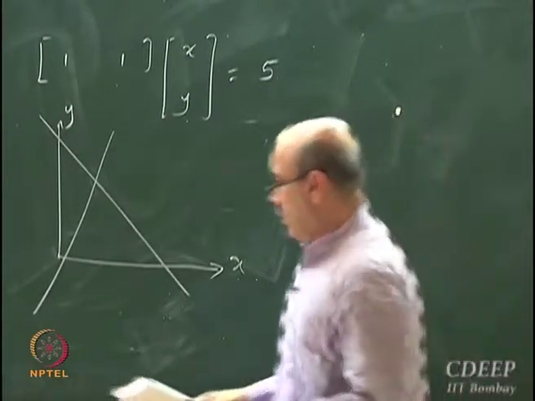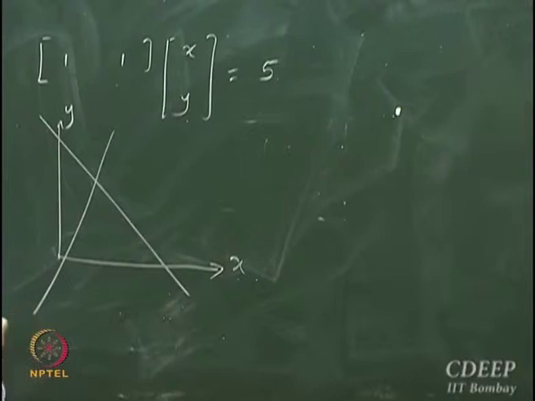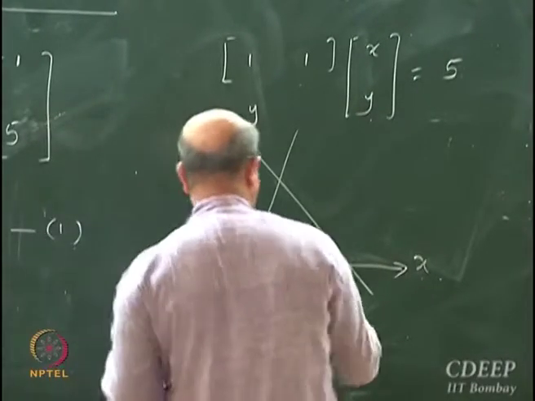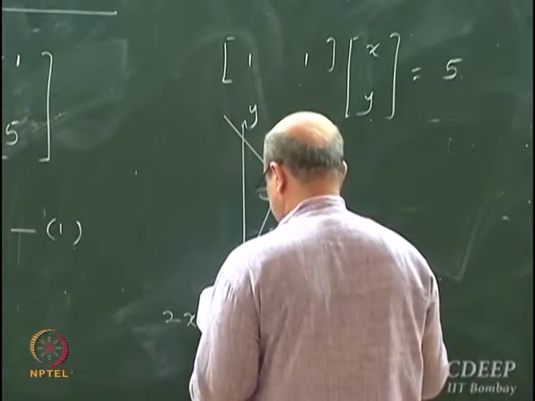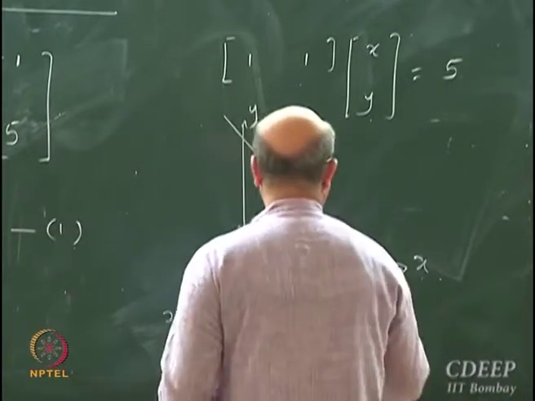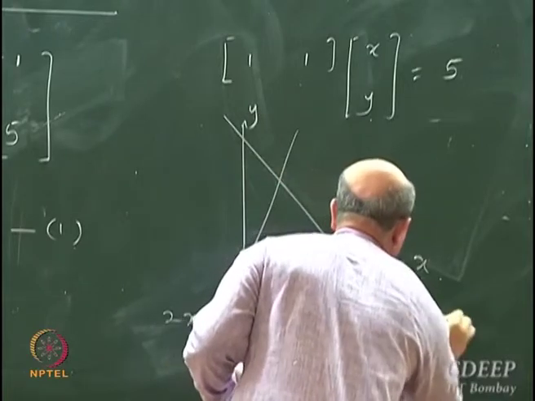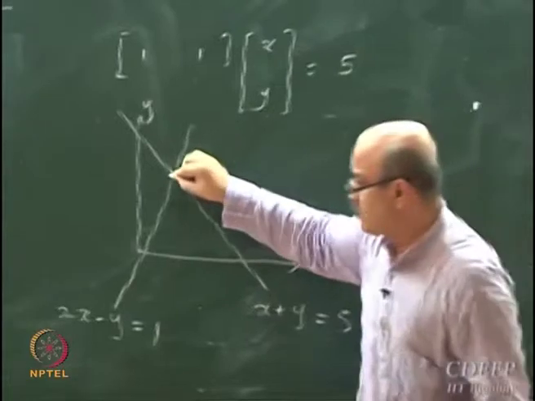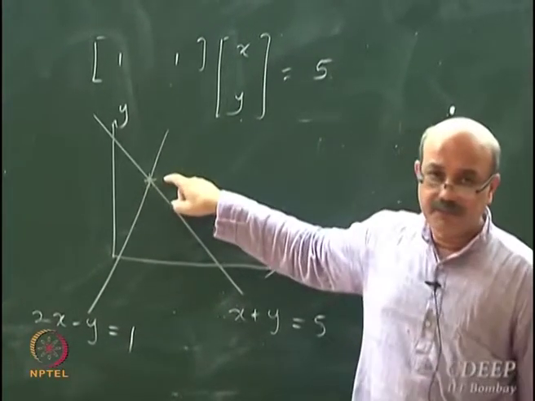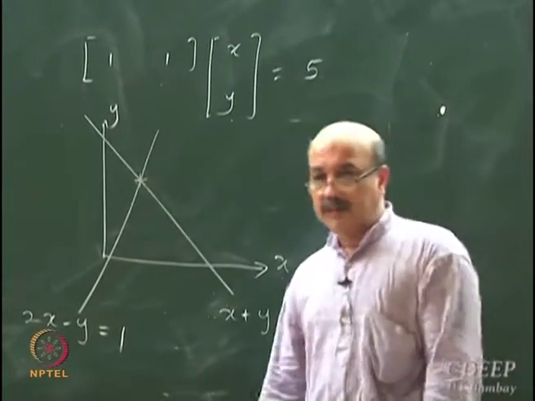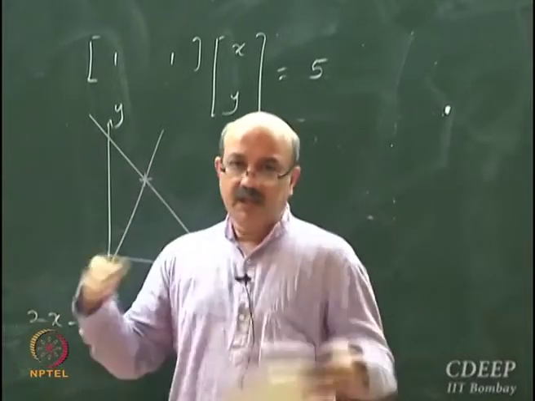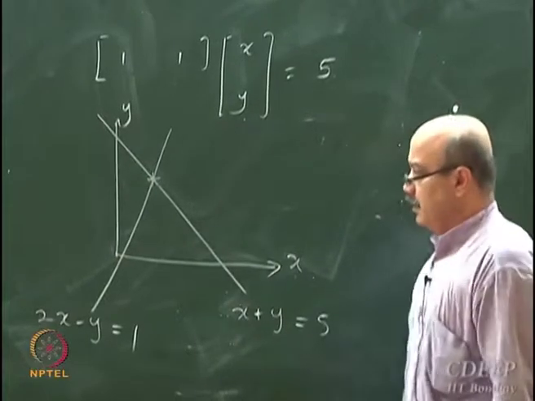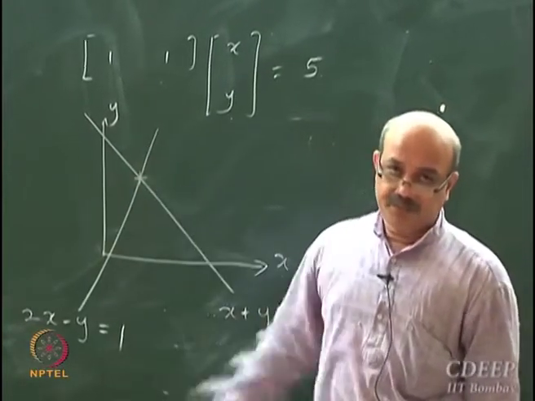So this line is 2x minus y is equal to 1, and the other line is x plus y is equal to 5, and then this line and this line intersect at this point. This is the solution. Commonly given means not this particular example, but intersecting lines, or intersecting planes. So this is the solution, that's what we know.